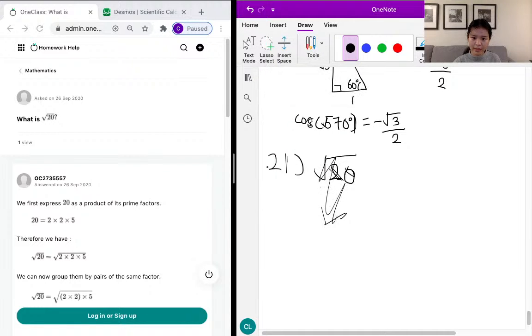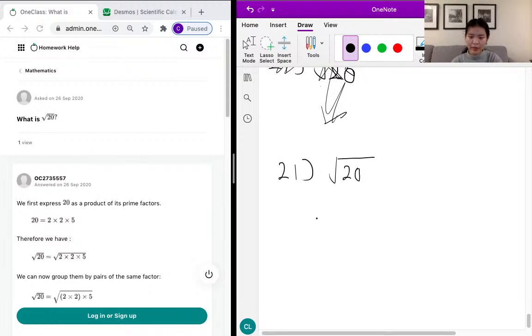The first prime factor we can find for 20 is just 2. So we know 20 is 2 times 10. And again, 10 is 2 times 5. So we have 2 times 2 times 5.